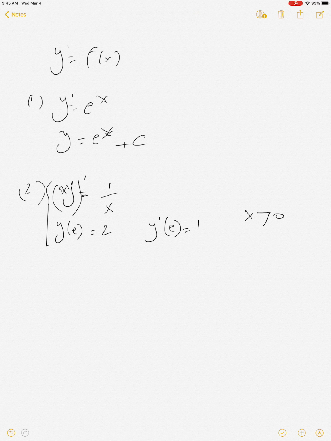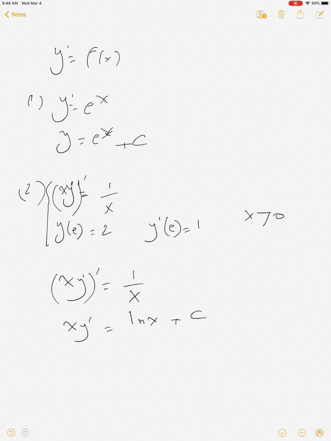So what you do is simply take x y prime equals 1 over x. Now we have to take the antiderivative, which means integrate. So integrating x y prime on one side, and the integral of 1 over x is ln x plus a constant c.